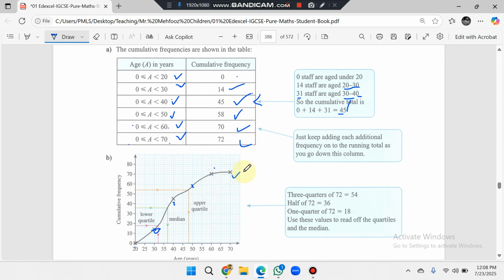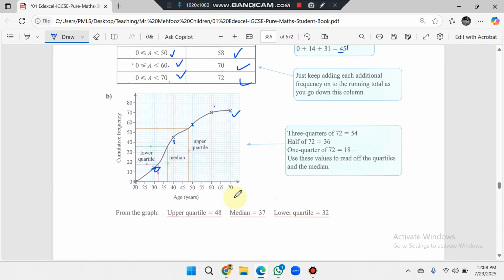After that, we just have to join these points to get a curve, and that curve will be smooth. So that's why this is a cumulative frequency graph. Understand or not?